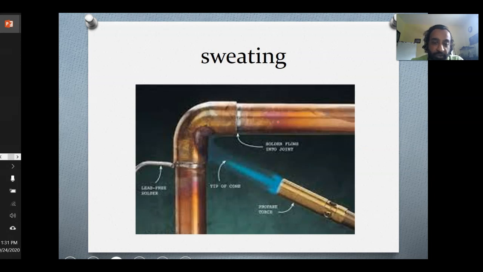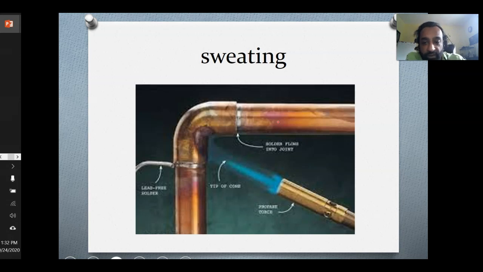Sweating is also called soldering, where we clean both ends of the pipe and put on something called flux. Flux is an agent that helps prevent oxidation because we're using high temperature here, and it also helps draw the solder in.